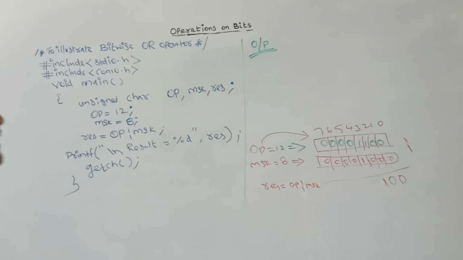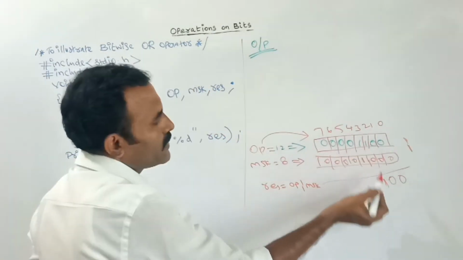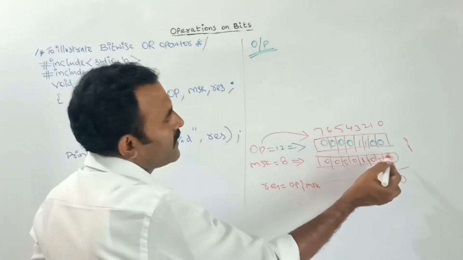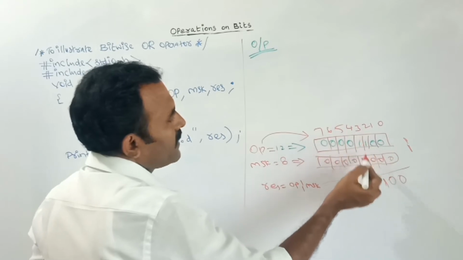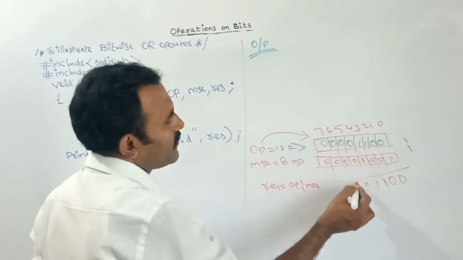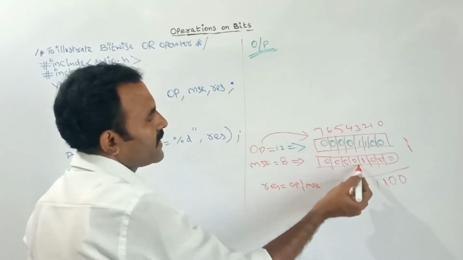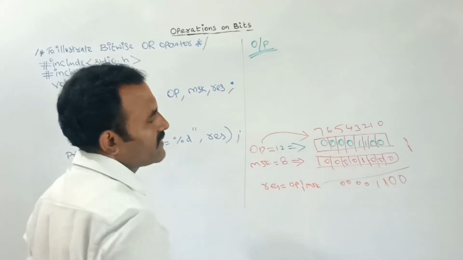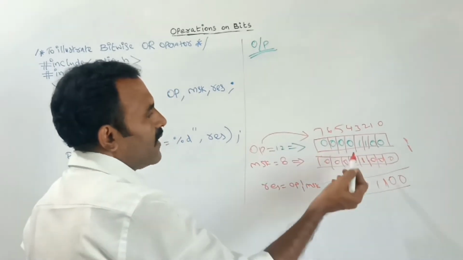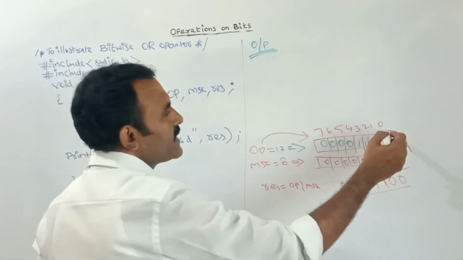For bitwise OR, if any one of the operands is true, the result is true. For the third position both are 1. From the 4th bit to the 7th bit every bit is 0, so the result is 0. This is the answer. Since the third position is already turned on, it gives the same answer.